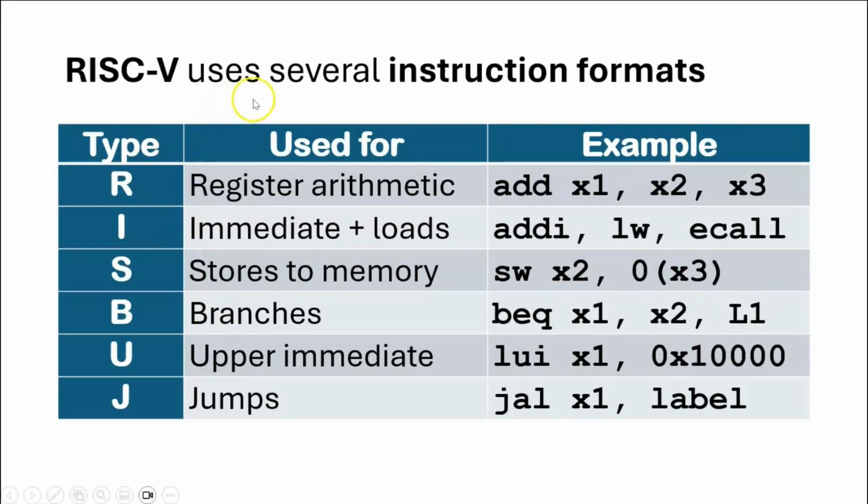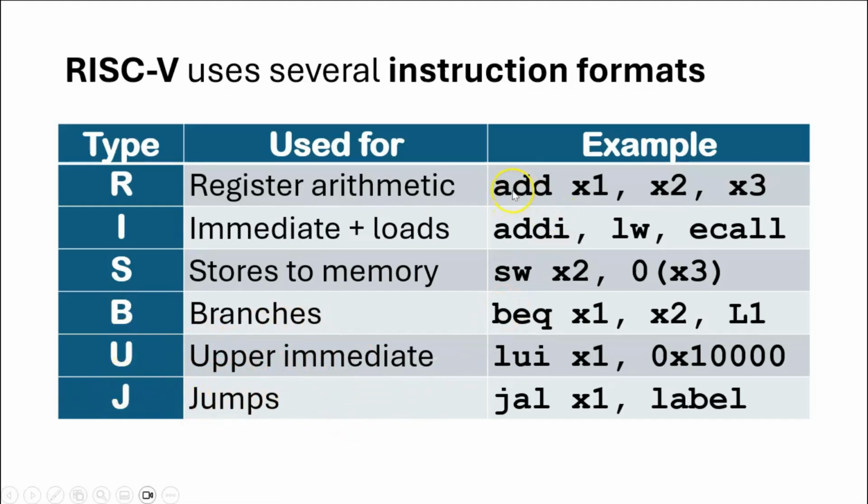Now, RISC-V uses several instruction formats, and I have summarized them here. You have heard me mention the R-type instruction, the I-type, then we also have S-type, B-type, U-type, J-type. Now the R is for register arithmetic, I is for immediate and loads, S-type instructions are to store to memory, B for branches, U for upper immediate, and J for jumps.